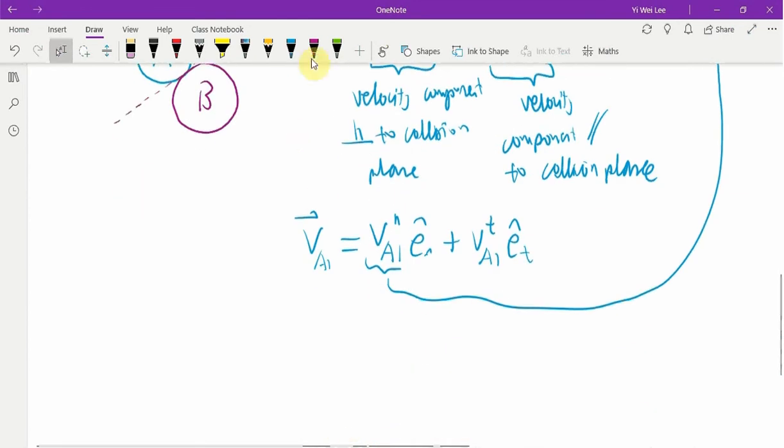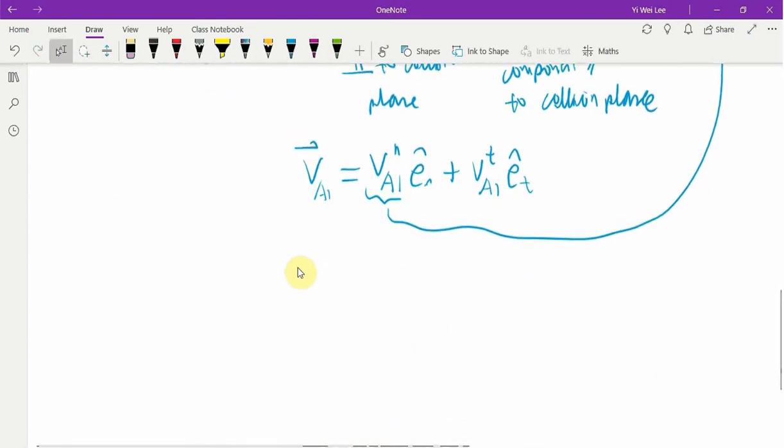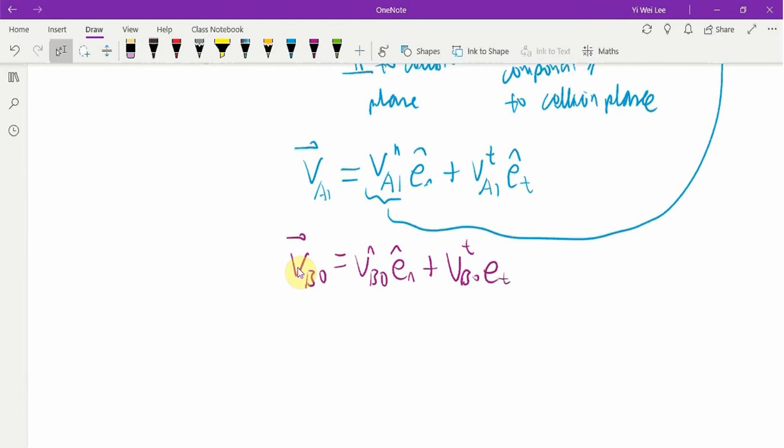And using the same understanding, we know the velocity of B before collision, VB0, must also be resolved into the VB0n direction, which is normal to the plane of collision, plus the VB0t velocity component, which is tangential or parallel to the collision plane.